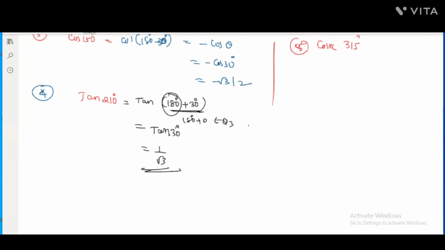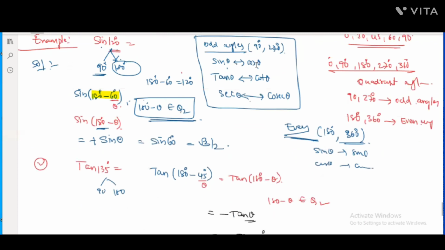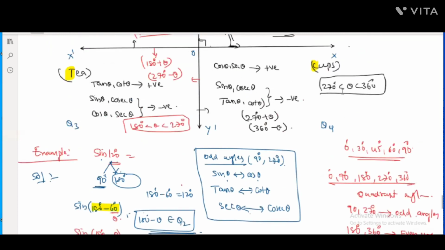Next, this one. For the solution of this one, cosecant 315 can be written as cosecant of 360 minus 45 degrees. I'll assume this 45 is theta. So 360 minus theta belongs to quadrant 4. In quadrant 4, cosecant theta is negative. Just look at cosecant theta in the fourth quadrant.